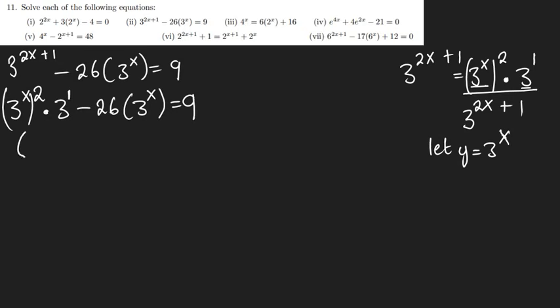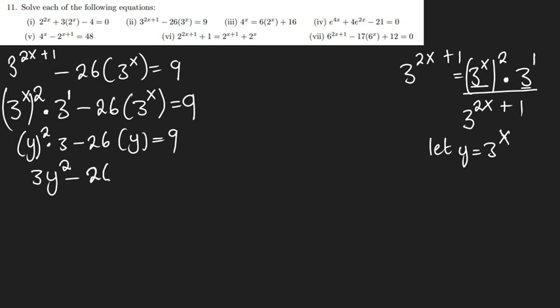So here I can put y to the power 2, multiplied by 3, then minus 26, then y here, equal to 9. So this is going to be 3y to the power 2 minus 26y equal to 9.